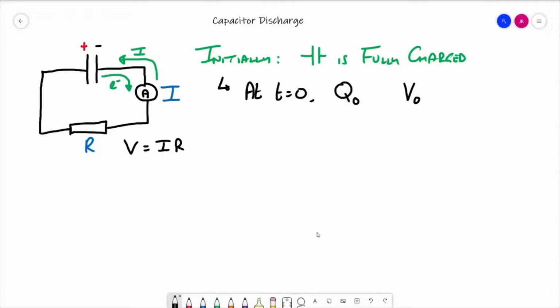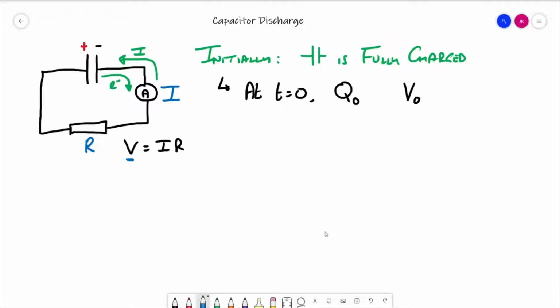Now what we need to realise with the potential difference that I've written here is that, bearing in mind that there is only a capacitor and a resistor in the circuit, the potential difference across the capacitor will be the same as the potential difference across the resistor. So at that point we don't necessarily need to differentiate whether the potential difference is across the capacitor or the resistor.